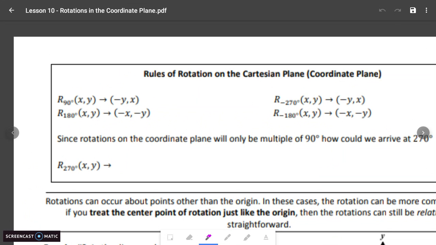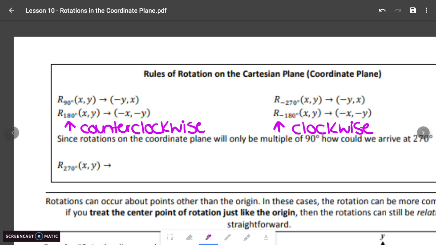Okay, so if you see just 90 degrees, we're thinking counterclockwise. Over here with this little negative sign, that's clockwise because you're going opposite direction. Like that negative is really just talking about the direction. And counterclockwise is our basic version.